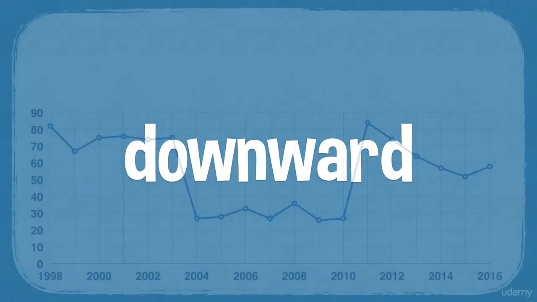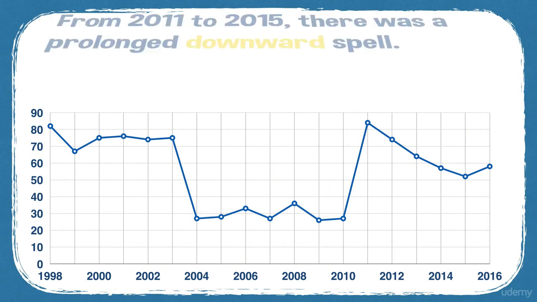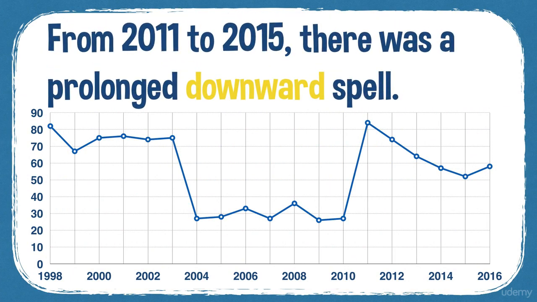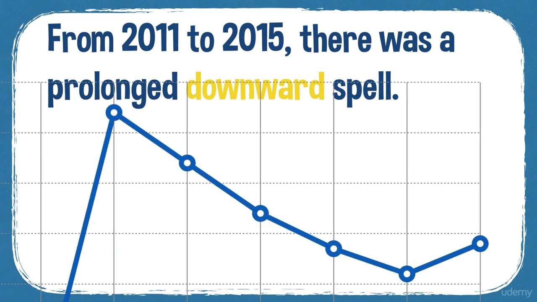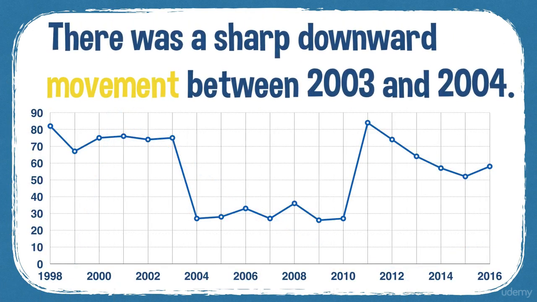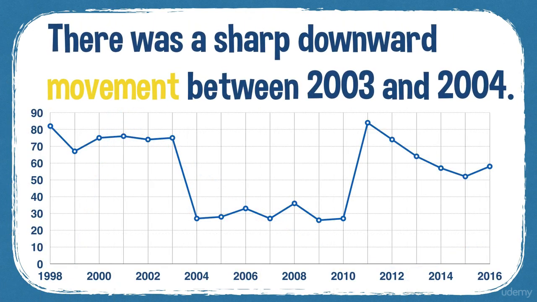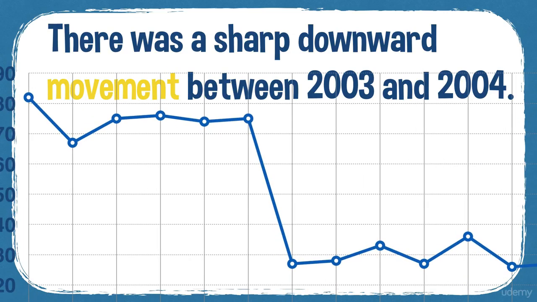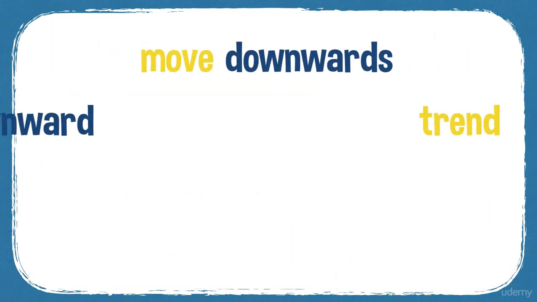Finally, downward. From 2011 to 2015, there was a prolonged downward spell. Prolonged means for a long time. There was a sharp downward movement between 2003 and 2004. So you move downwards.